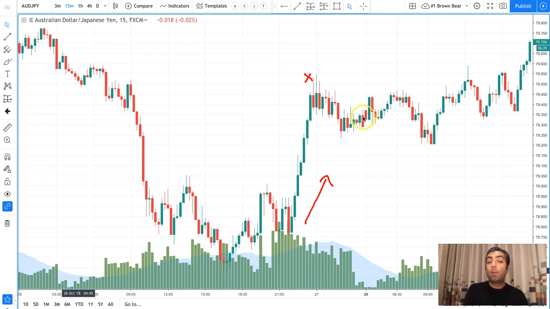You might have gotten in somewhere around here based on your research, whatever the research may be. Stop loss down here, and then as the market went up, you're like, not yet, I'm not going to exit yet. It came back down very deep. You're like, whoa, what's going on? It went up, started to struggle, and then you exited.